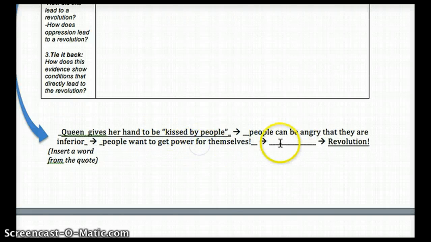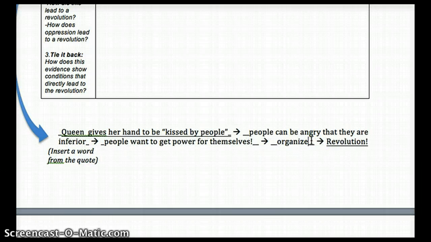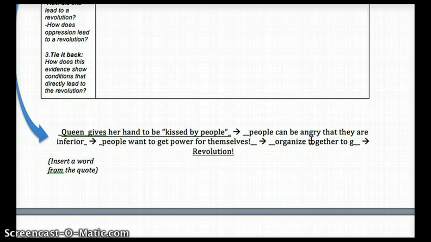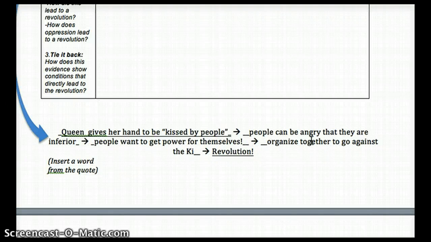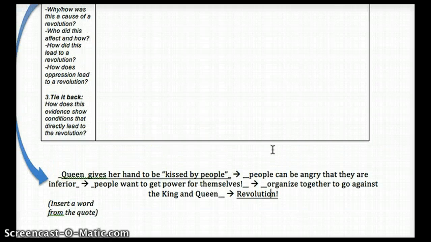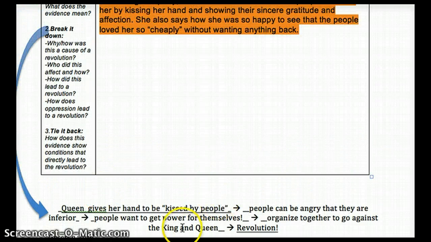And what happens when people want to get power? Well, they can organize together to go against the king and queen, and that could lead to revolution. So now, in the break it down part, I would try to explain this over here in that same way. So let me do that, okay?